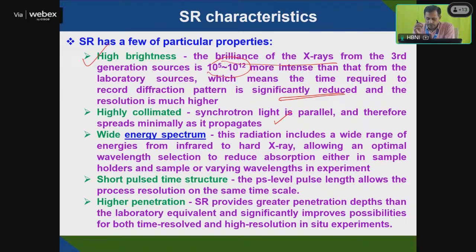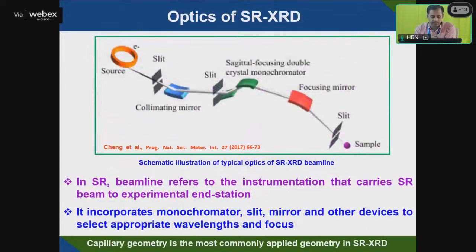Synchrotron provides greater penetration depth than laboratory XRD, possibly because of its highly monochromatic and highly energetic nature. If you see here, the source goes through various collimators, then magnets to achieve the velocity, and finally falls on the sample, in a manner similar to conventional XRD.